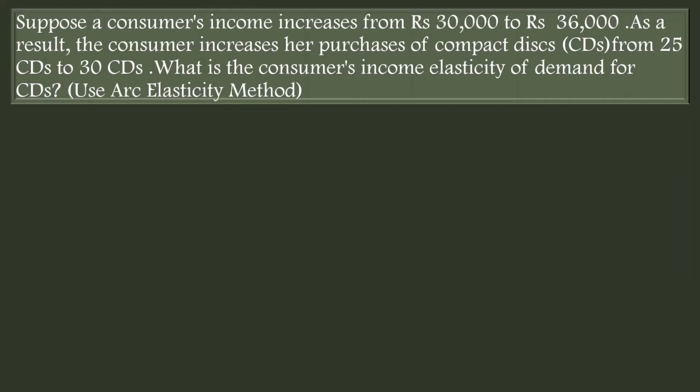Suppose a consumer's income increases from 30,000 rupees to 36,000 rupees. As a result, the consumer increases her purchases of compact discs from 25 CDs to 30 CDs. What is the consumer's income elasticity of demand for CDs?